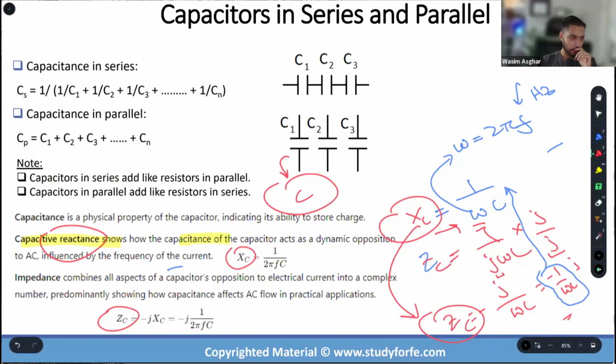Now, let me ask you this. Let's say that I put a box around this, a box around this, and a box around this guy. I call this one ZC1, this one ZC2, and this one ZC3: impedance of capacitor C1, impedance of capacitor C2, impedance of capacitor C3. And I ask you to figure out Z total for me.